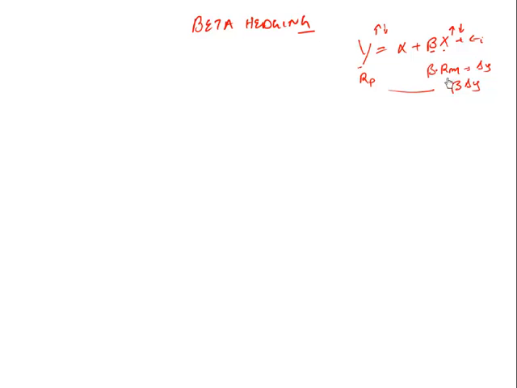This is the most common application of beta in equity markets or in hedging. So beta measures the sensitivity of my portfolio to the market, or the sensitivity of the stock to the market.